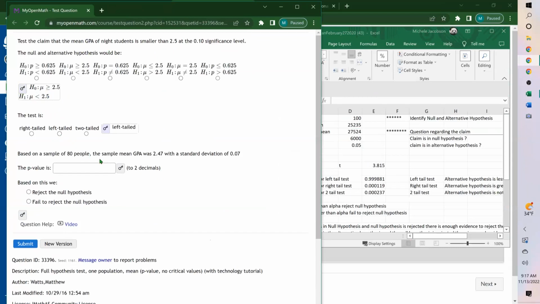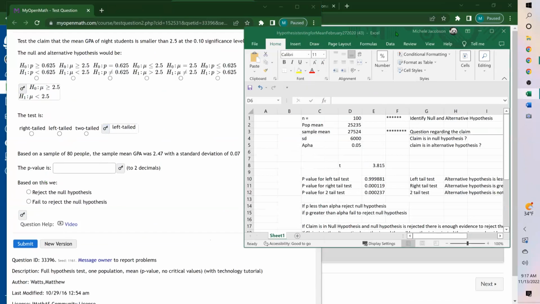Based on a sample of 80 people, the sample mean was 2.47 with a standard deviation of 0.07. They want us to find the p-value. This one's a mean, so we're good. Sample size 80. Population mean 2.5. Sample mean 2.47. And standard deviation 0.07.